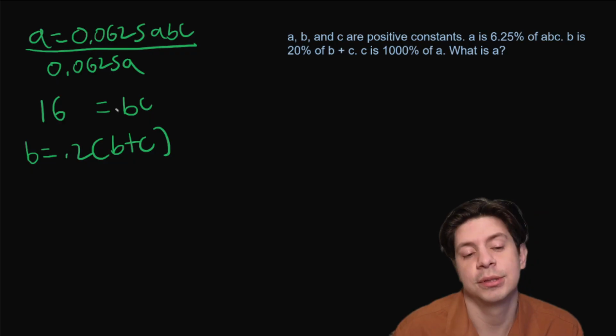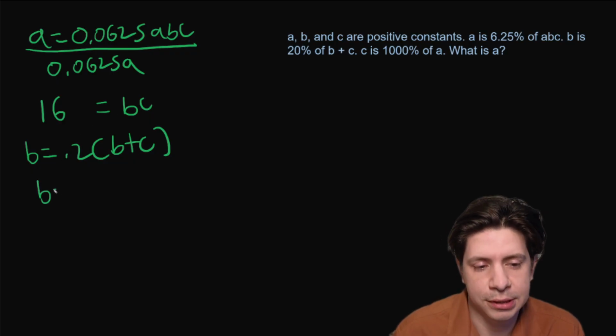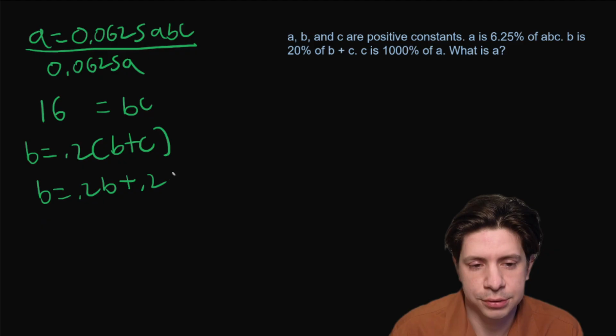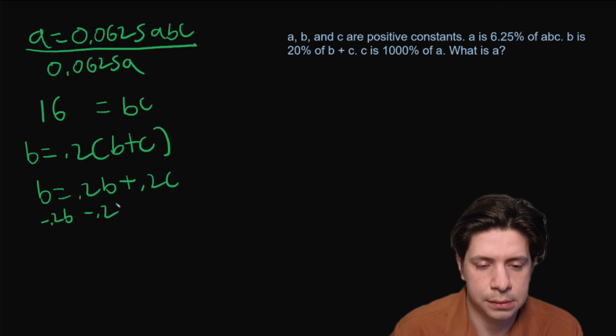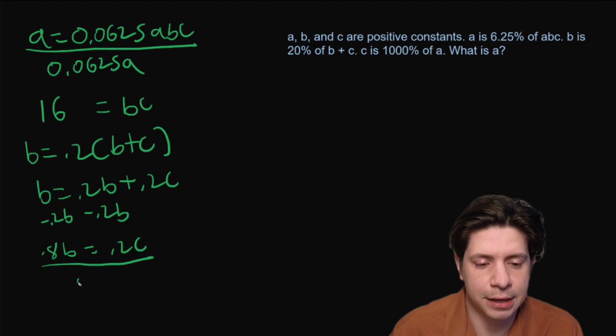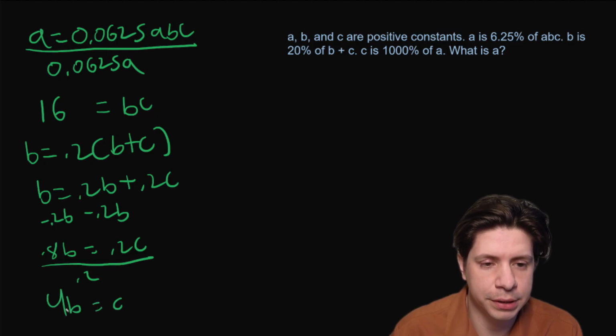I'm going to convert it to a decimal. So we're going to get B equals 0.2B plus 0.2C, subtract 0.2B, and we'll get 0.2C equals 0.8B. Divide by 0.2 and we get C equals 4B.